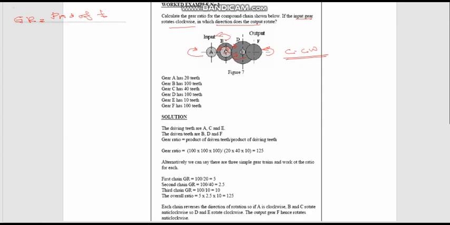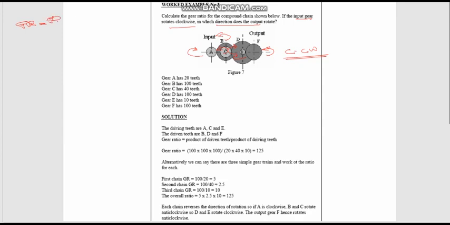So the gear ratio is equal to... something is wrong.